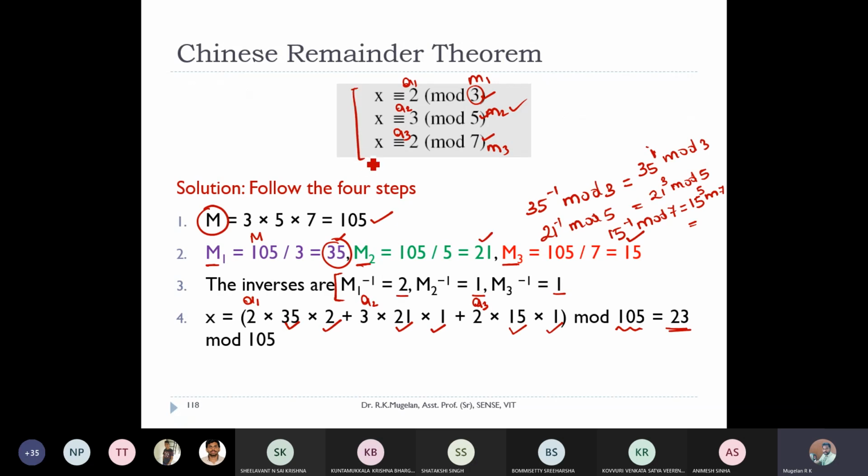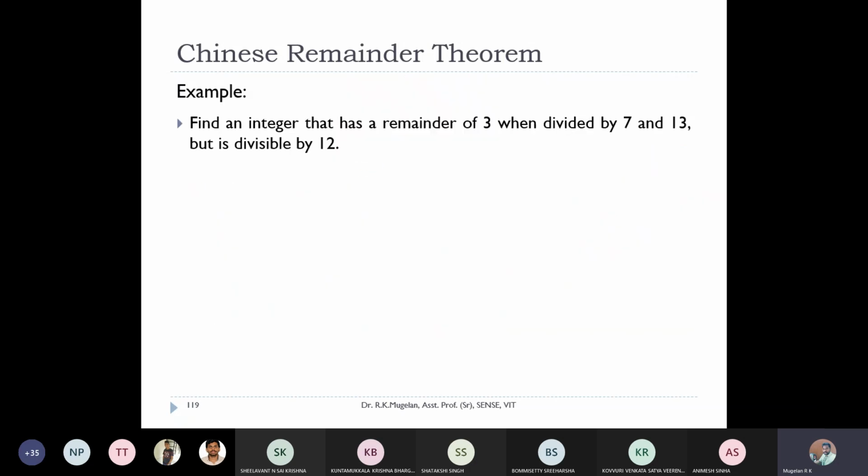Instead of writing this equation like this, we can also give you questions like this. Find an integer that has remainder 3 when divided by 7 and 13, and it is perfectly divisible by 12. That is, you have to find an integer x congruent to 3 mod 7 and 3 mod 13.